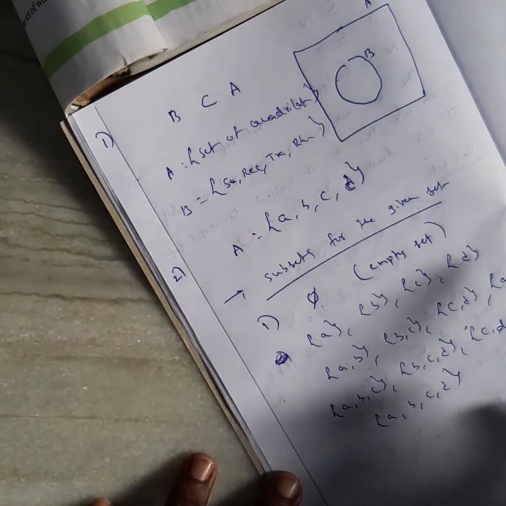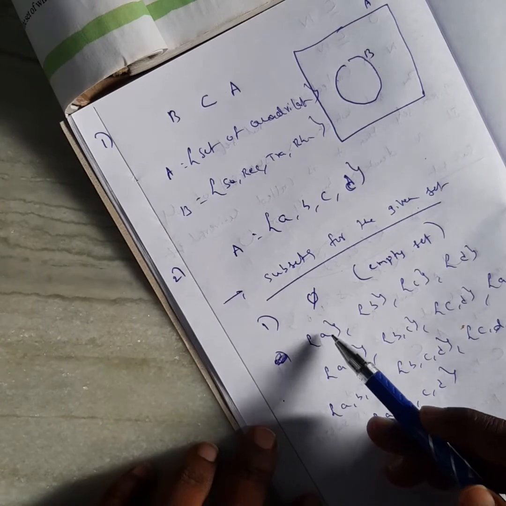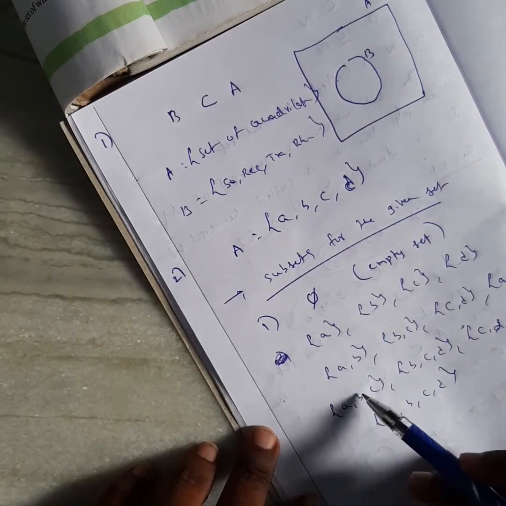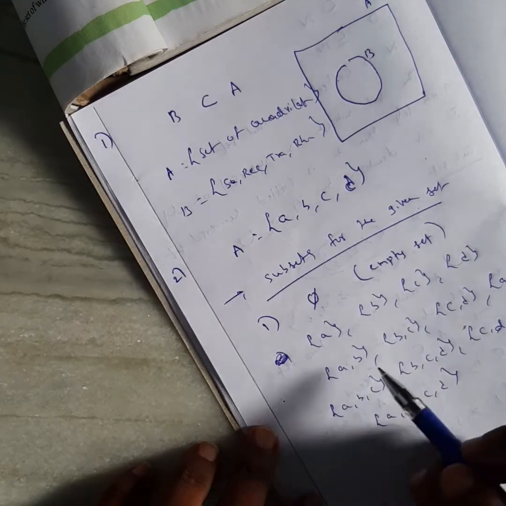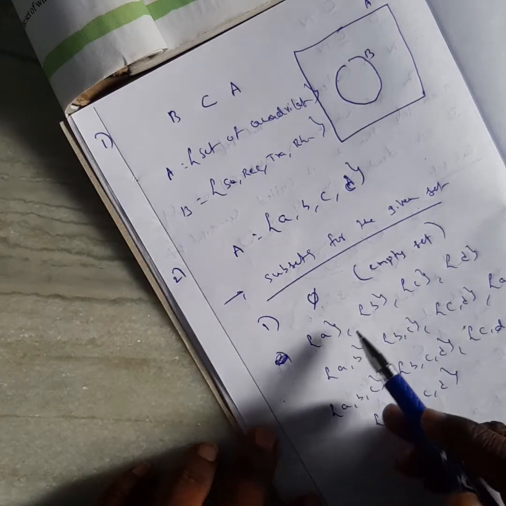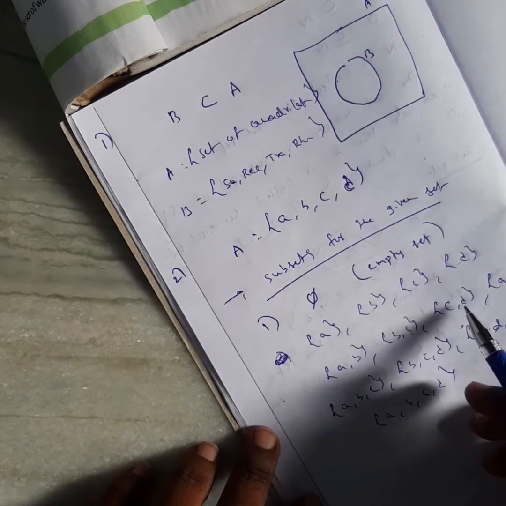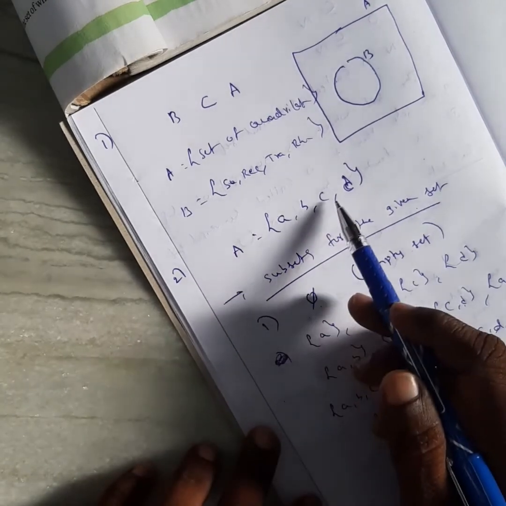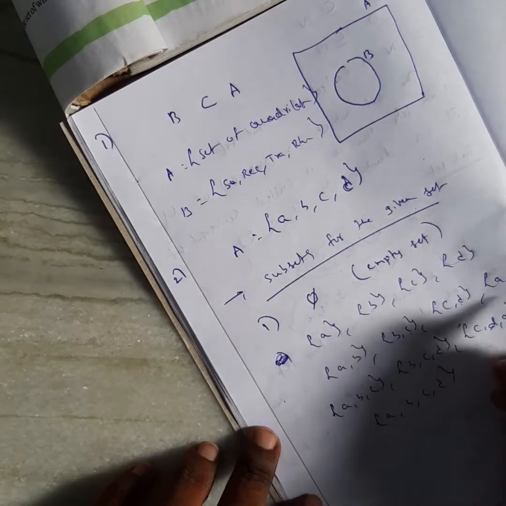So the empty set is the first set. Next singleton sets, two elements, three elements. If you count 1, 2, 3, 4, 5, 6, 7, 8, 9, 10, 11, 12, 13, 14. Some more sets are here.